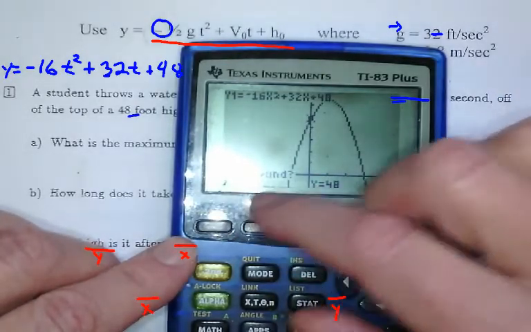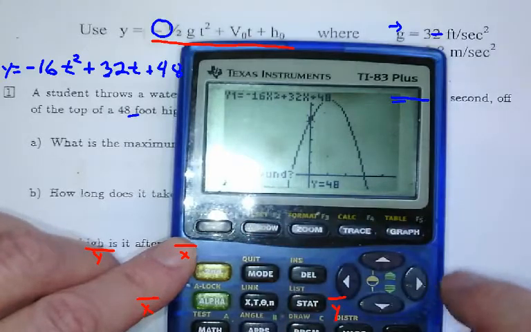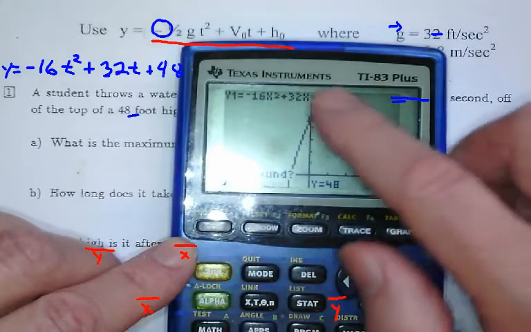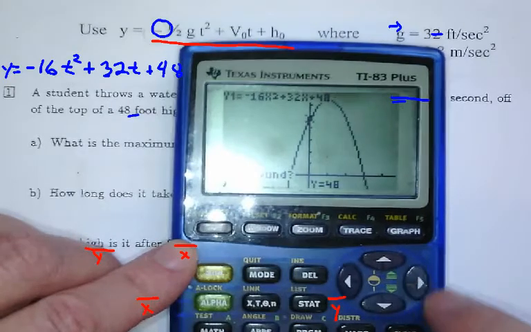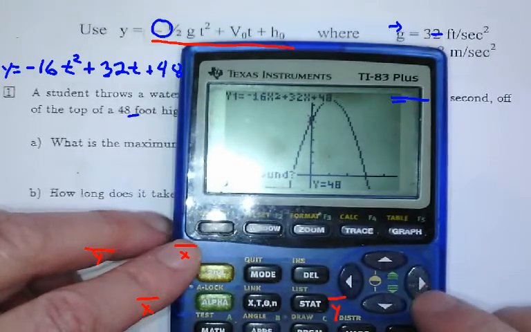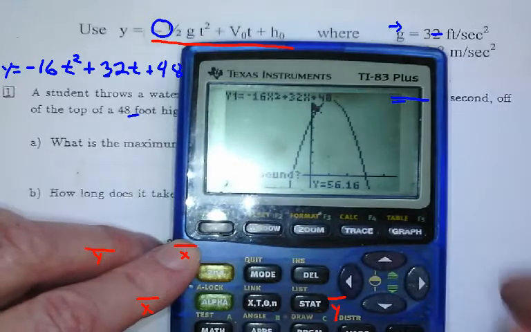So it says get on the left bound. So I have to be on the left side of where I think the top of the mountain is, and so I'm already there, so I can hit enter. It doesn't matter.